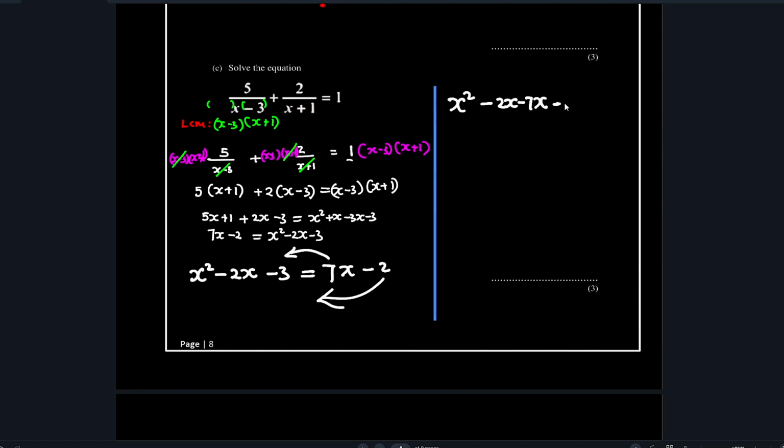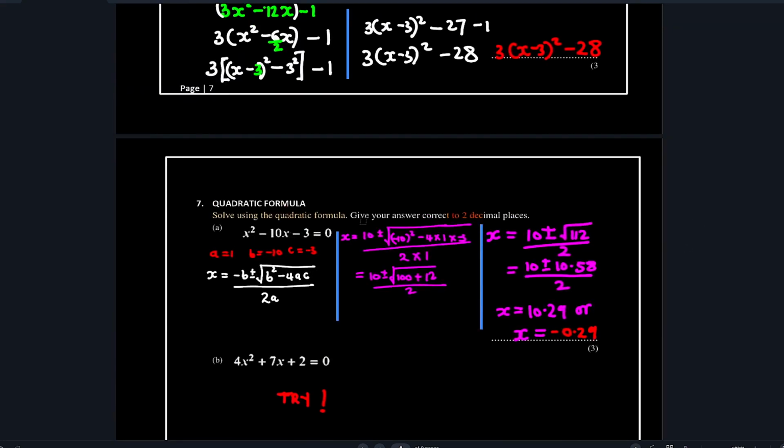This is going to reduce to a quadratic equation, which is x squared minus 9x minus 1 equals 0. Once you have this quadratic equation, that's where you can solve using the quadratic formula in order to get your answer.